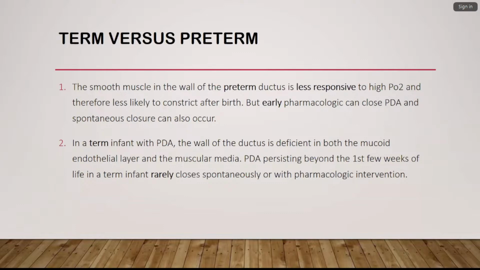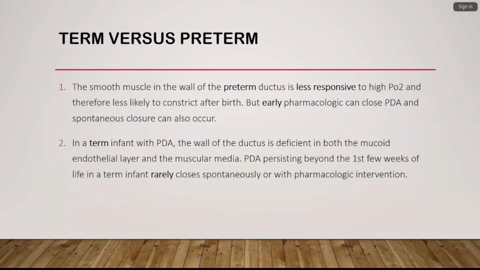Now, a basic difference between term versus preterm. In preterm, the smooth muscle is less responsive to high PO2, and therefore it's less likely to constrict after birth. But early pharmacological treatment can close the PDA and spontaneous closure can occur.